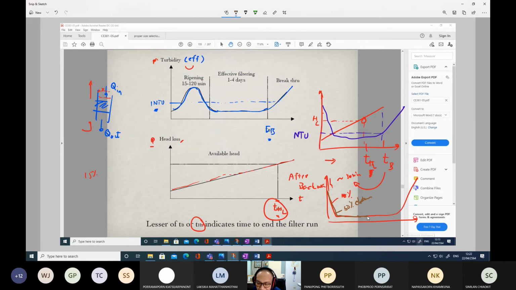For 50% clean, after some time, the concentration of the turbidities in the outlet will increase. So if you don't clean it perfectly, okay. So this is how we operate this filter just before cleaning or backwashing.